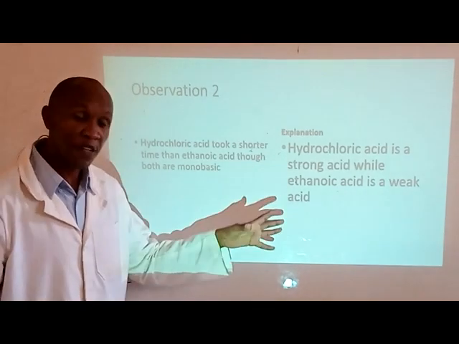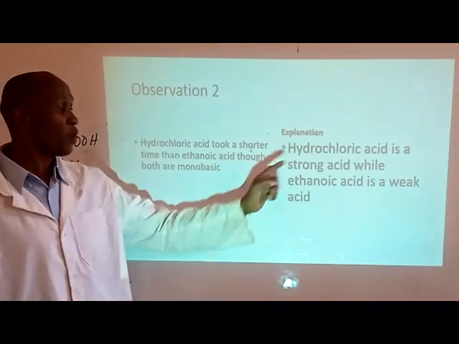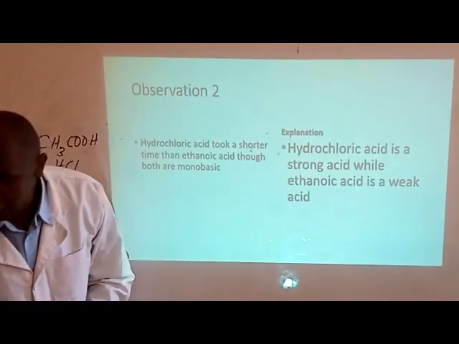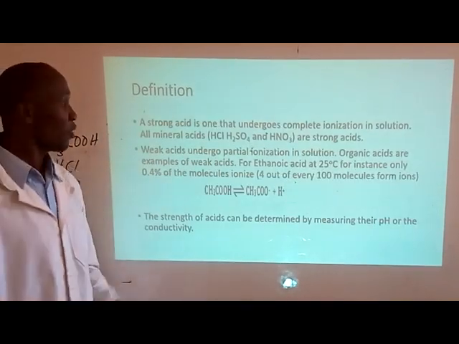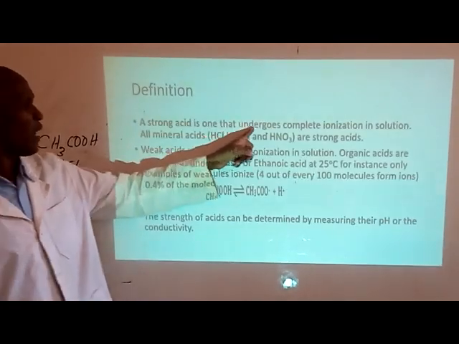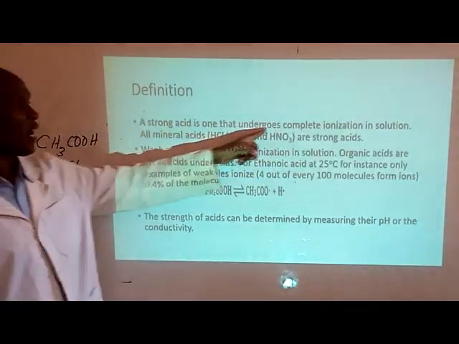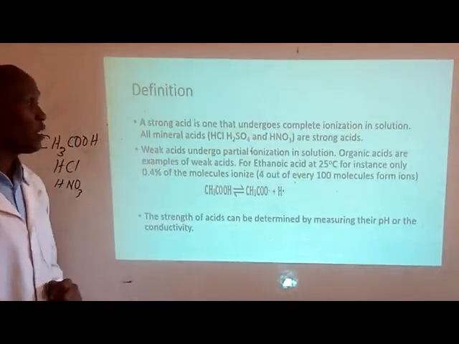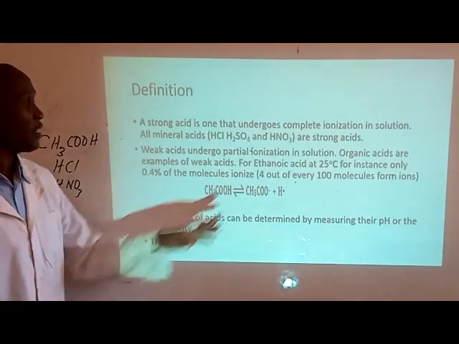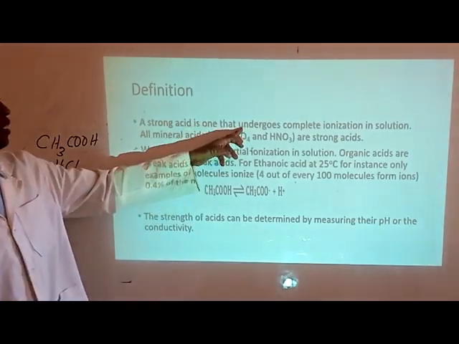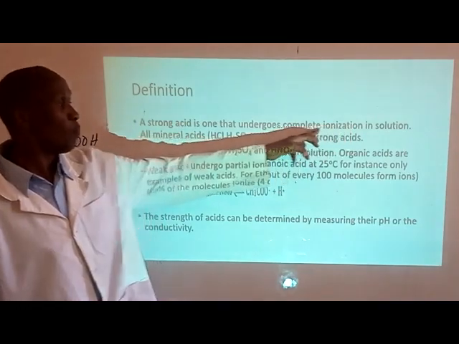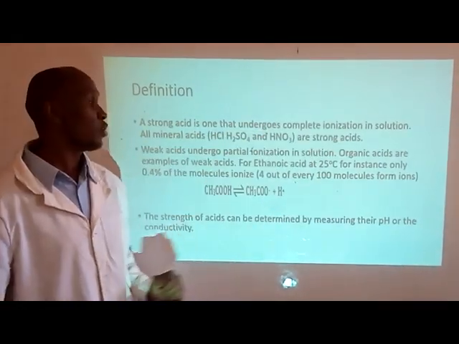Our definition from today henceforth for a strong acid and a weak acid shall be: a strong acid is one that undergoes complete ionization. Please note, no more pH. A strong acid is defined as one that undergoes complete ionization when dissolved in water.